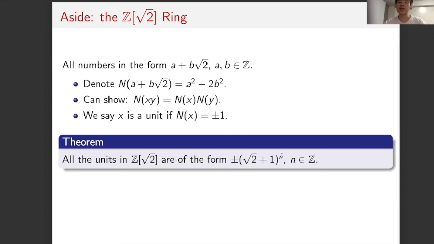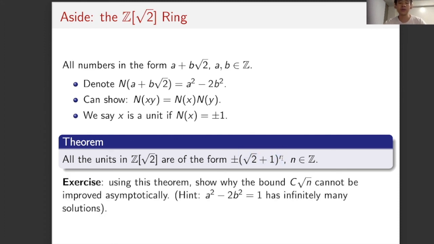For example, if you take n equals minus 1, then this whole thing is just square root 2 minus 1. One reason this theorem is useful is that we can use it to show that the bound c square root n in the original formulation of the problem cannot be improved asymptotically.